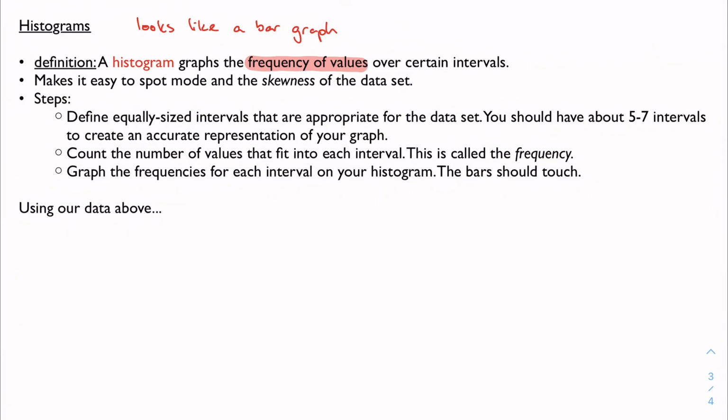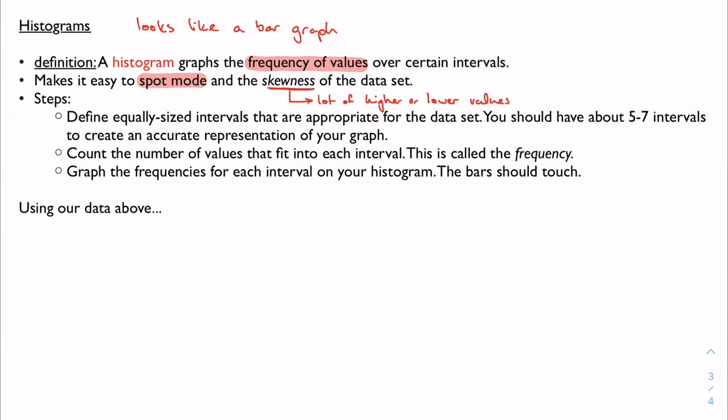The great thing about a histogram is it makes it really easy to spot the mode, you'll see why in a second, and what we call the skewness of the data set. The skewness just means, is there a lot of high or low values, higher or lower values?